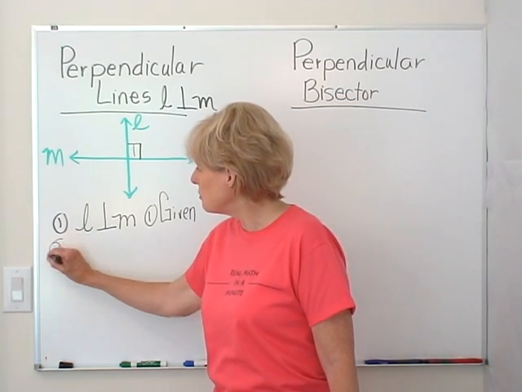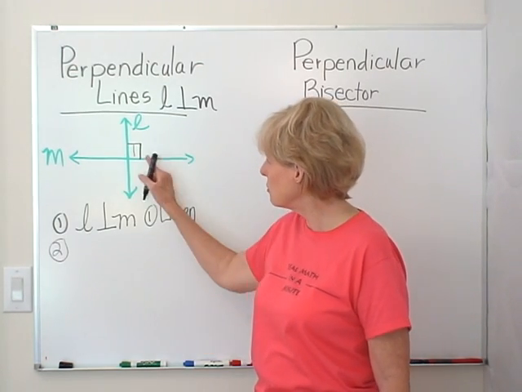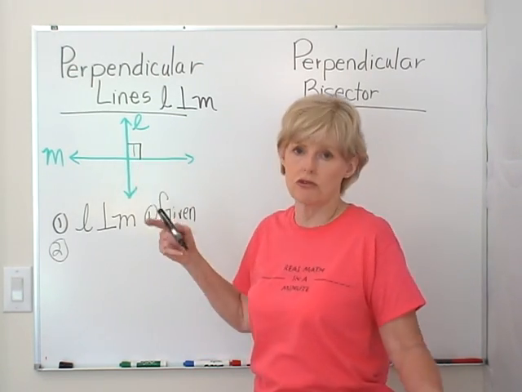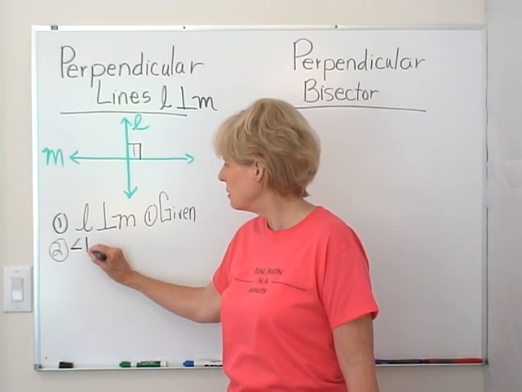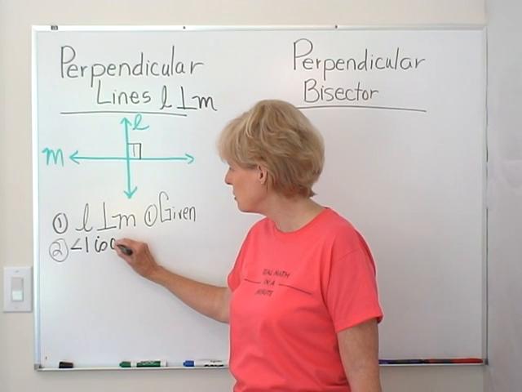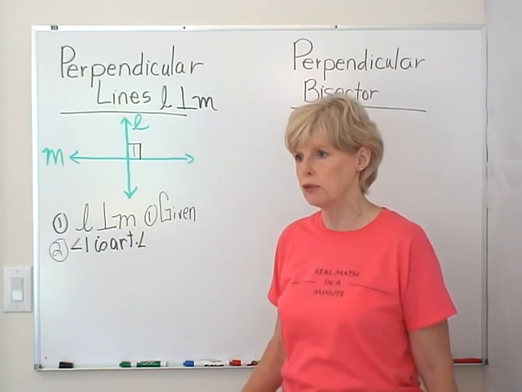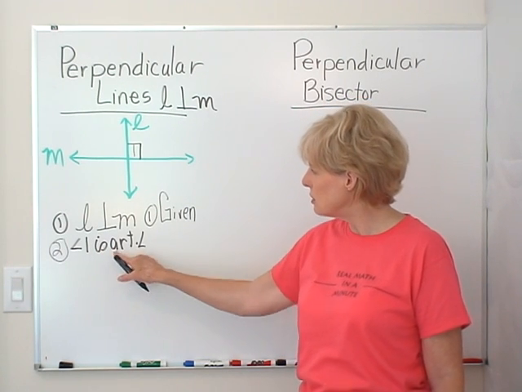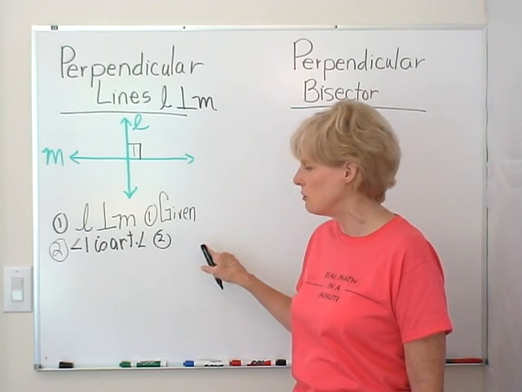Okay, and then once I know that two lines are perpendicular for sure, then I know that the angles that are formed, and I'll just choose one of the angles this time, I'll say angle 1 is a right angle. I'm kind of squinching that in. I hope you can read that. Angle 1 is a right angle. And what I always put over here is the reason.